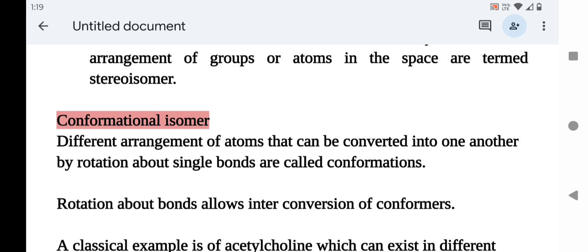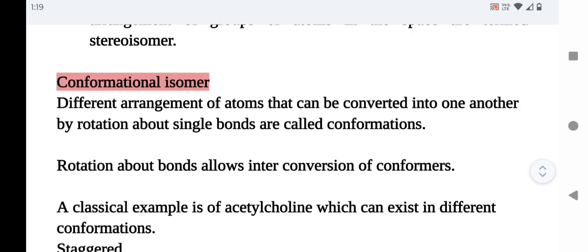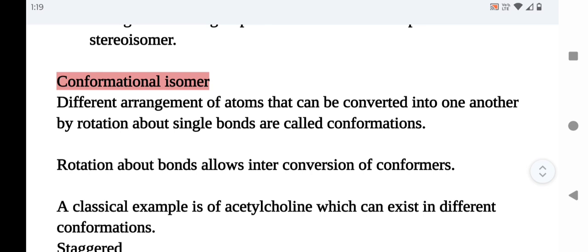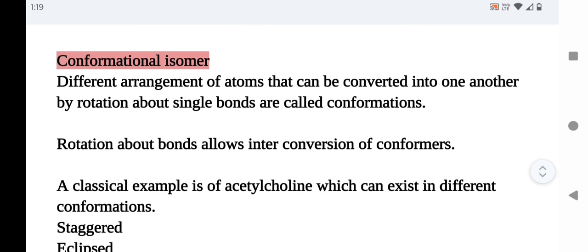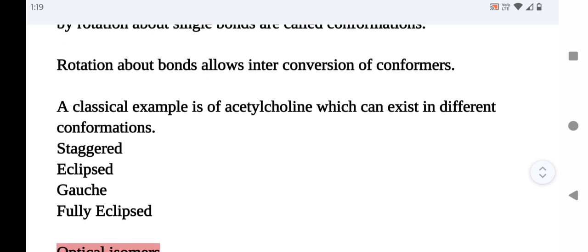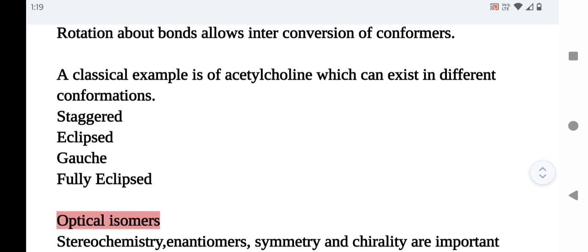Rotation about bonds allows interconversion of conformers. A classical example is acetylcholine, which can exist in different conformations. Conformation कितने टाइप के? 4. Staggered, eclipsed, gauche, fully eclipsed. ये एंगल के हिसाब से डिवाइड होते हैं.